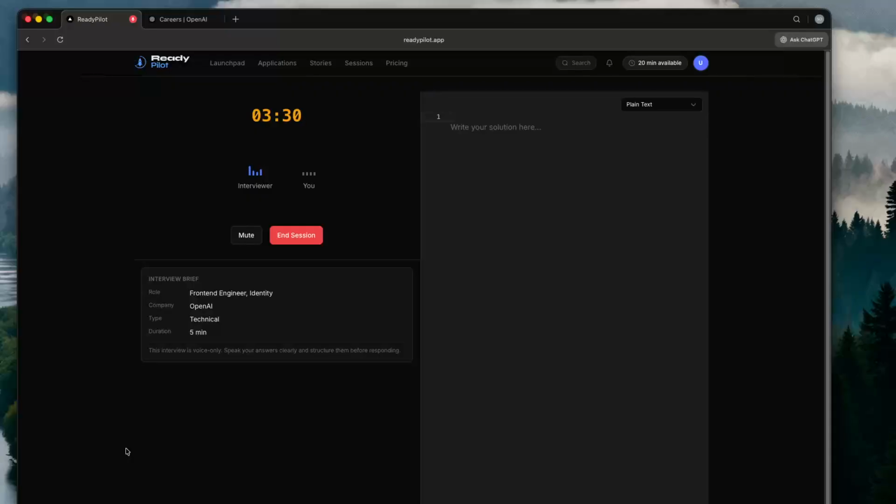Understood. Let's pivot. How does a single sign on system typically integrate with a front end application, and what role does the front end play in that authentication flow? Okay. So the front end starts the authentication journey.